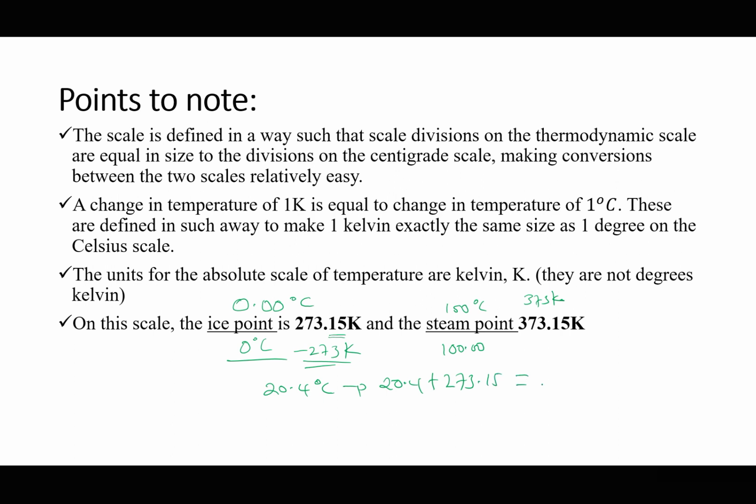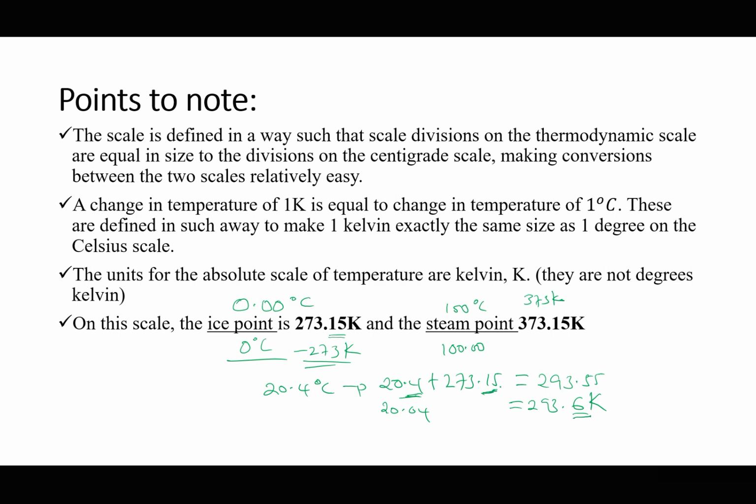When I press my calculator, this gives me 293.55, but because this was given to one decimal place, the correct value would be 293.6 Kelvin. If this had been given as 20.04, then I would quote two decimal places in Kelvin.